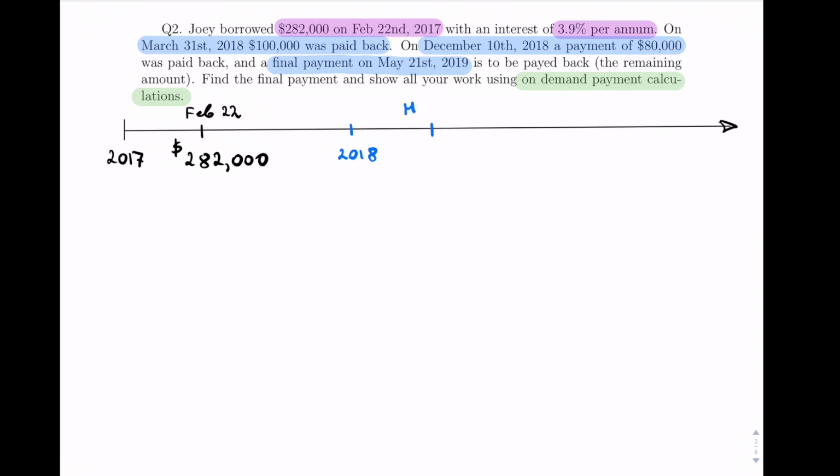So this is March 31st, and then we have 100,000 paid back. Same year, December 10th, 80,000 was paid back.